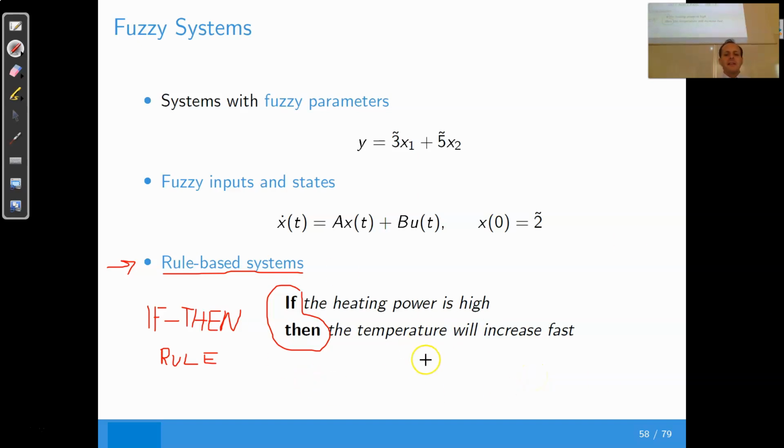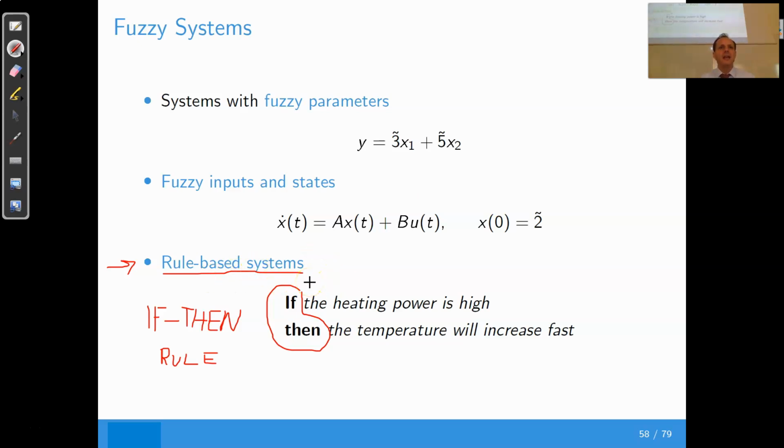This is the behavior of your heating system in your house: when the heating power increases, the temperature of your apartment, of your home, increases. So this is a very simple description of a process by means of a rule-based system.